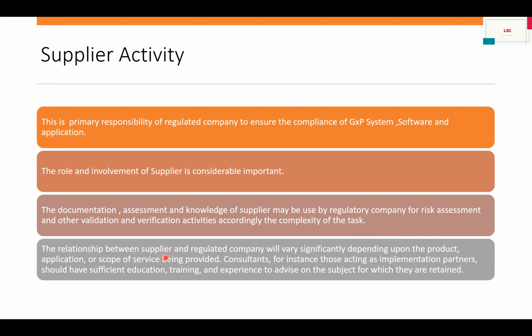Fourth point, the relationship between supplier and regulated company will vary significantly depending upon the product, application or scope of service being provided. Consultants, for instance those acting as implementation partners, should have sufficient education, training and experience to advise on the subject for which they are retained. So these are the four key points for the supplier activity.